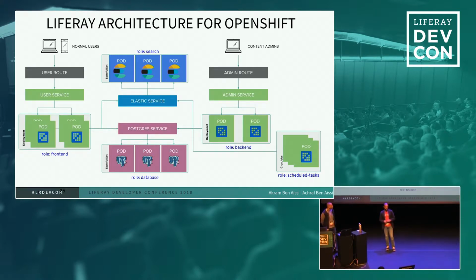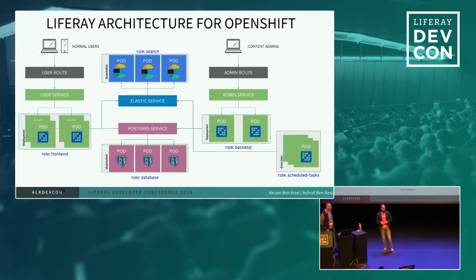So we decided to have an architecture which separates, on one side, Liferay instances that are dedicated to admins to input content, and on the other side other front-end based Liferay instances, which gives the ability to scale them in a different manner from the instances dedicated to admins.